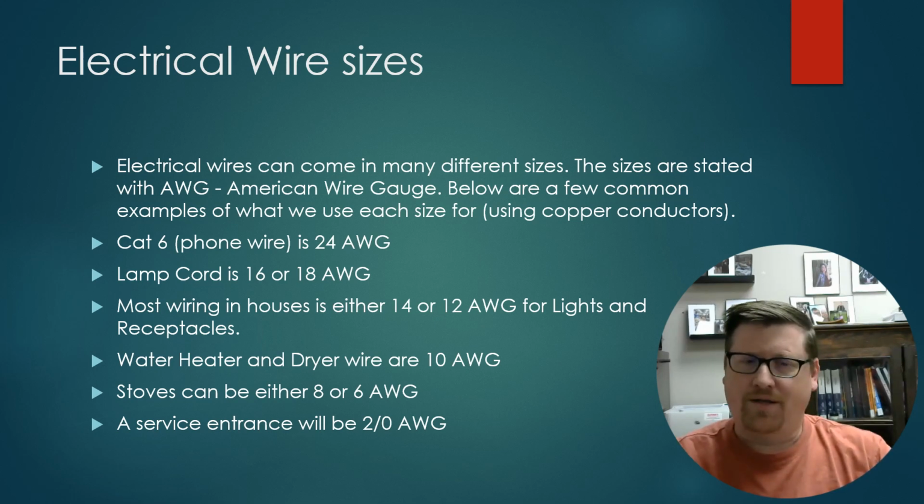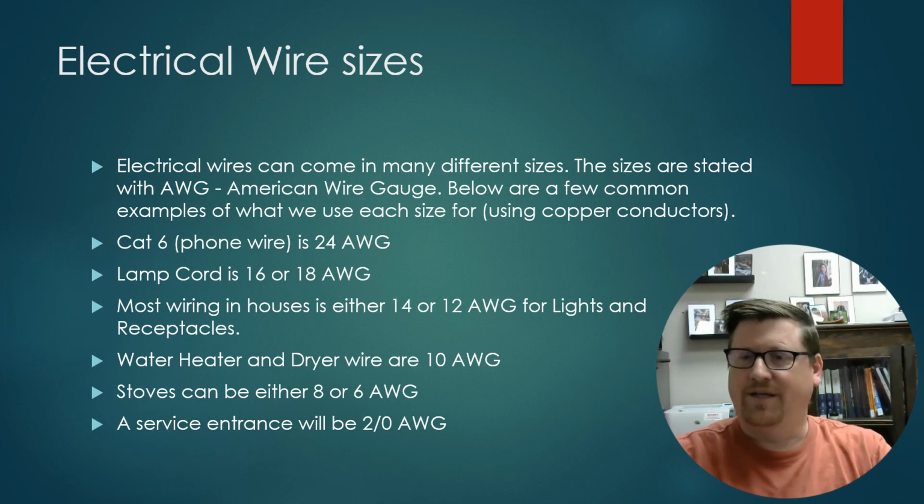If you notice, that number for a service entrance was a smaller number than the number for Cat 6, which is a tinier wire. You have a tiny little wire that's in telephone wire. This is size 24, and then you have a very large wire for our service entrance, which is a 2/0.